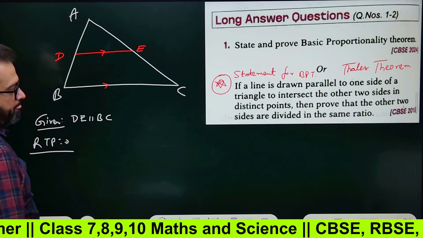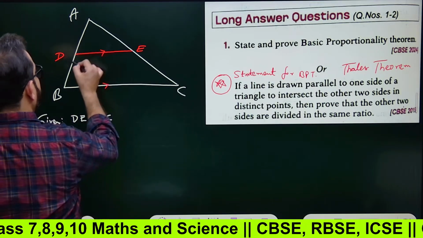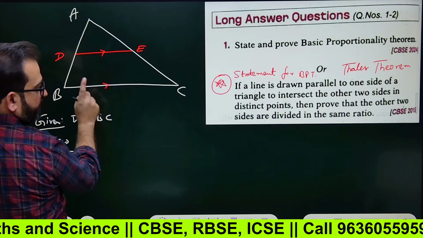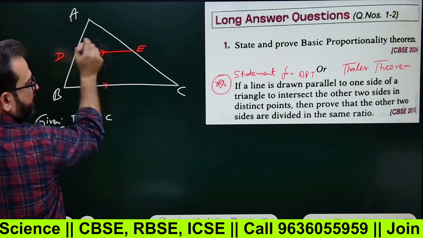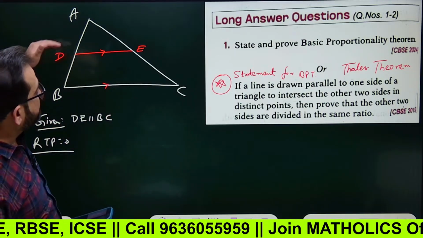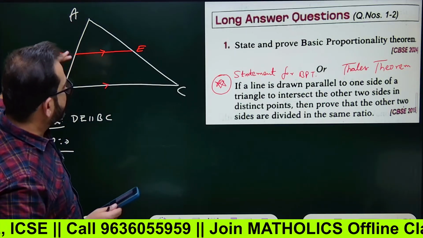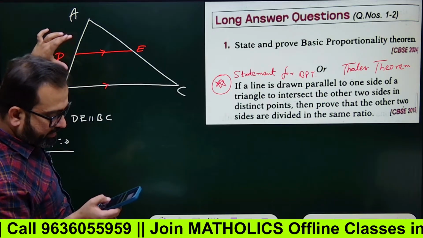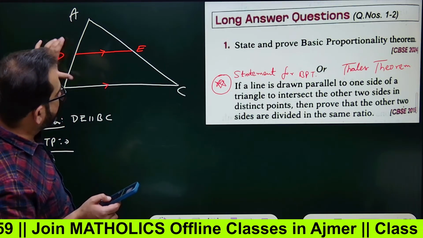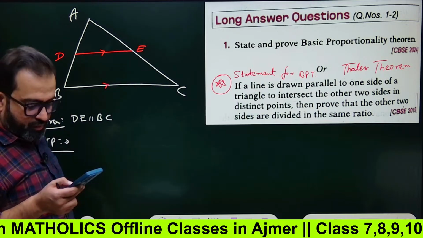A line is drawn parallel to one side of a triangle, intersecting the other two sides at D and E. We have to prove that the other two sides are divided in the same ratio. This side is divided into AD and DB. So AD upon DB equals AE upon EC. This we have to prove.